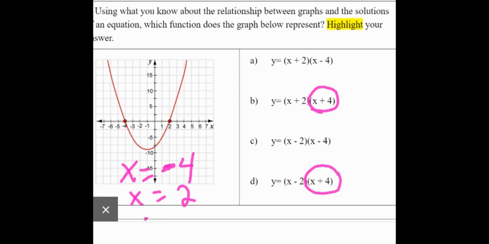Now I'm also looking for x equals 2. And x equals 2, remember, we want it to be backwards. So I'm looking for a -2. Well, that's not right. So it's not B. But see, here's my -2. So that's my answer right there. But let me show you why D works.